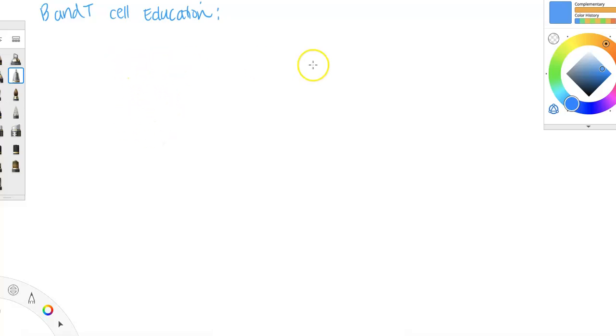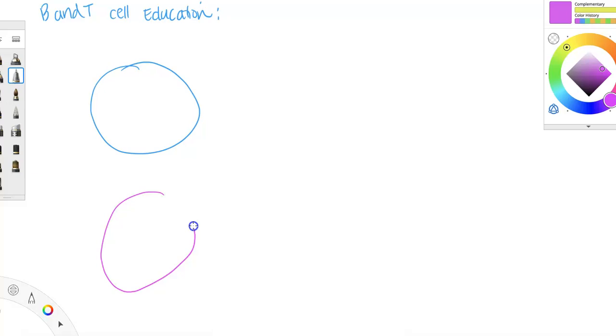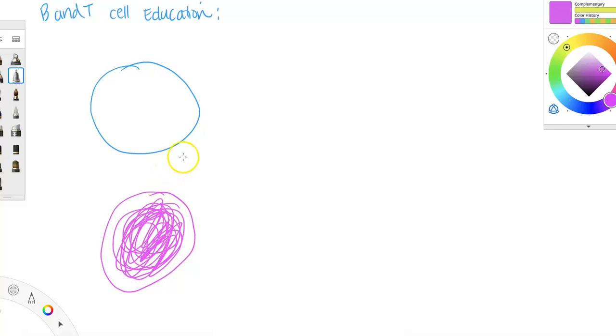All right, so here's a cell, and here's a cell. And remember, these are lymphocytes. So here's a B cell, and its receptor is an antibody, right?